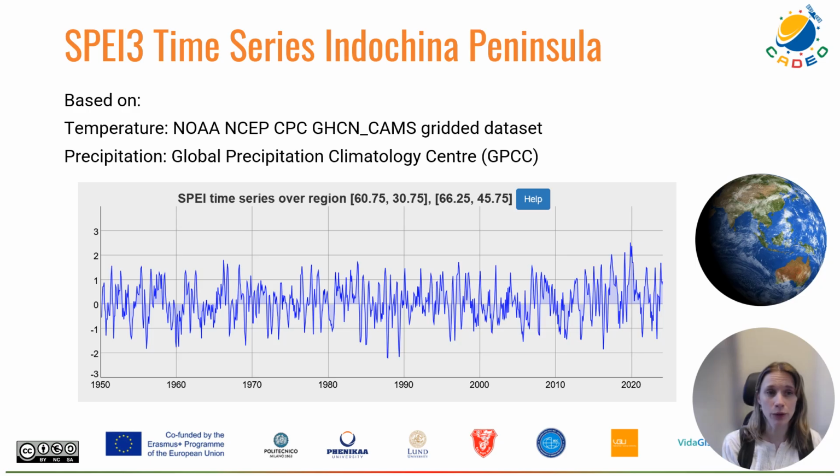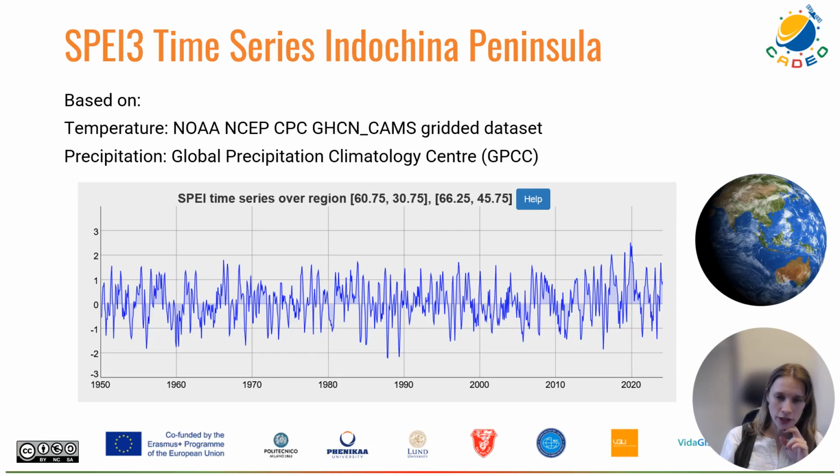So for example, if you are looking at SPEI 3 for the month of March, it also includes data for the month of January and February, right? So it includes the former months' data.